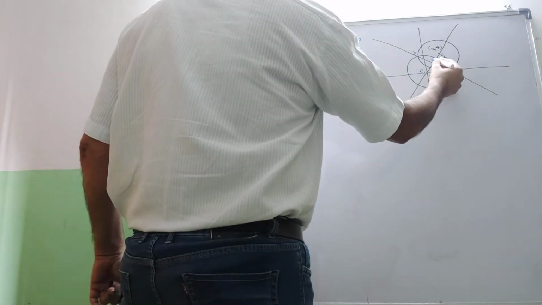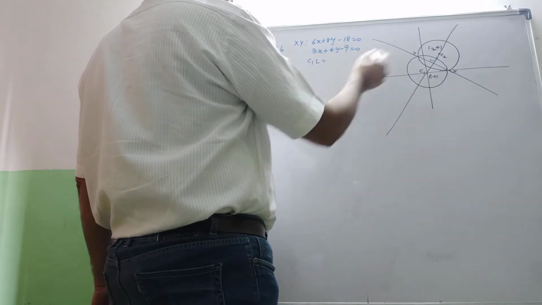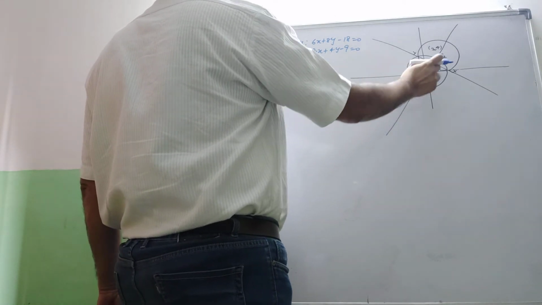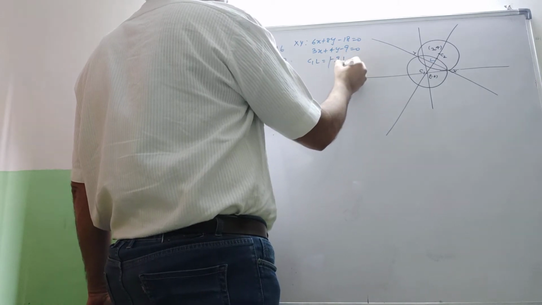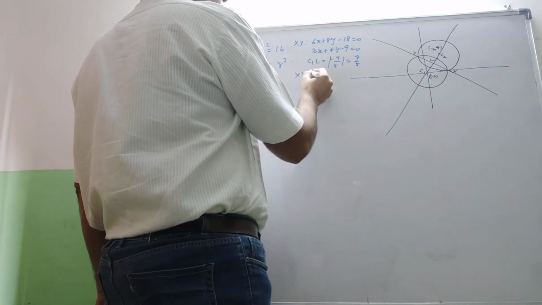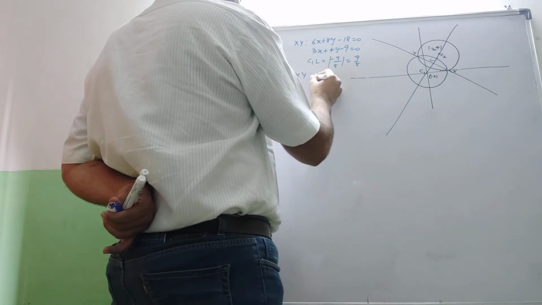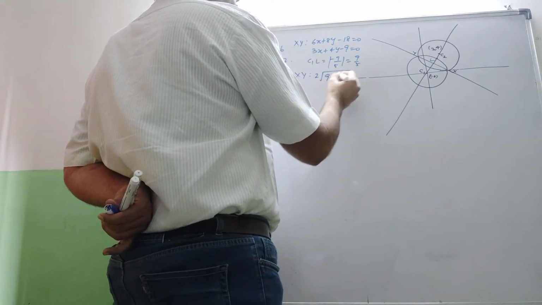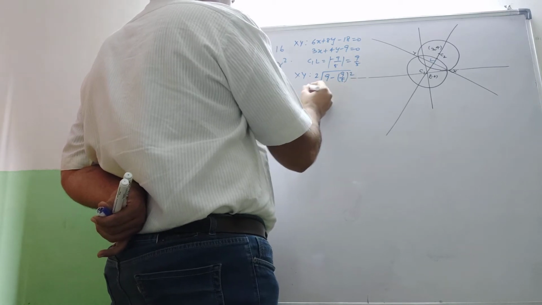If we write it as L, C1L is equal to the distance from this to XY, which is 9 by 5. If we write the length of common chord XY, it will be 2 times the square root of 3 square minus (9 by 5) square.